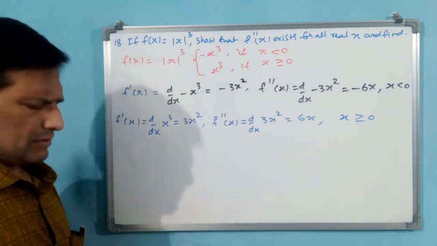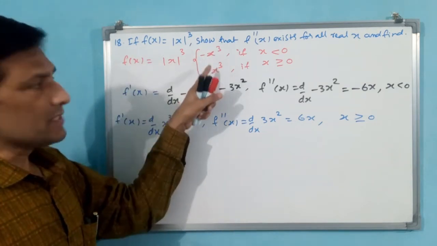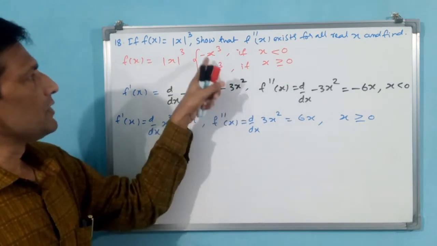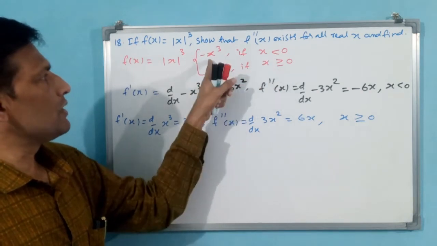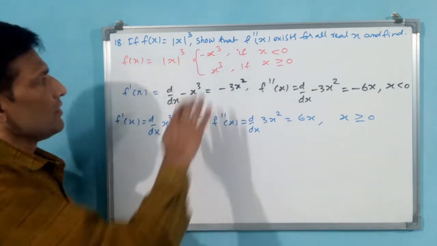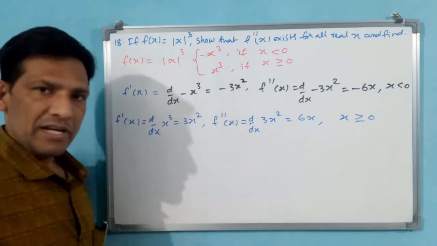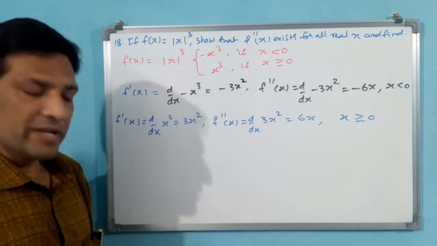That's all. Why? Because the function value is coming like this only. When x is greater than or equal to 0, x cube will come. When x is less than 0, then minus x cube will come. After the function comes out, you do the derivation. That means these are derivatable.